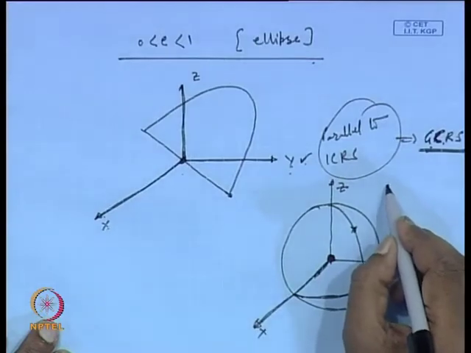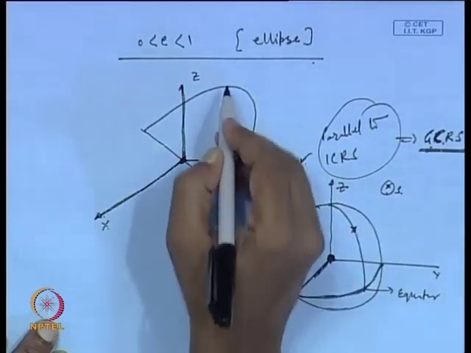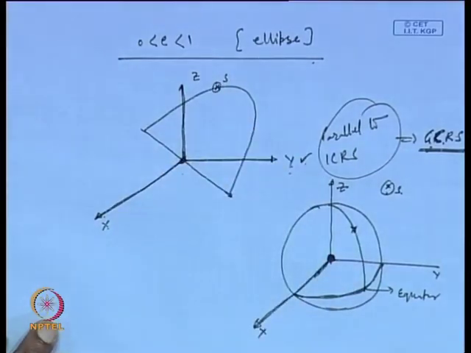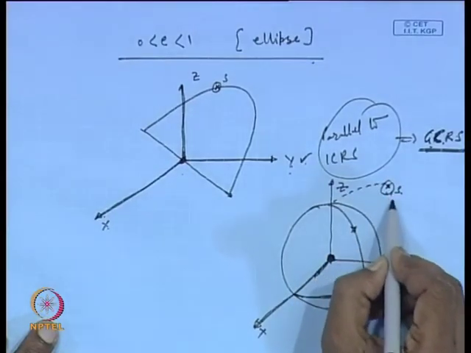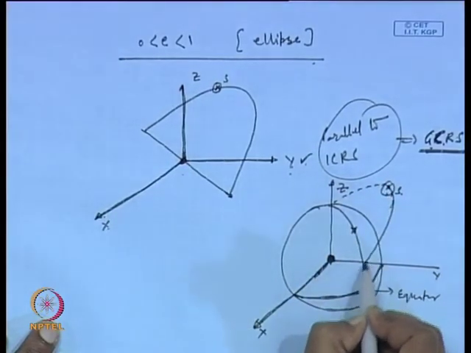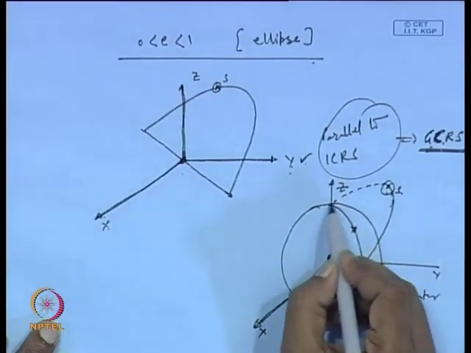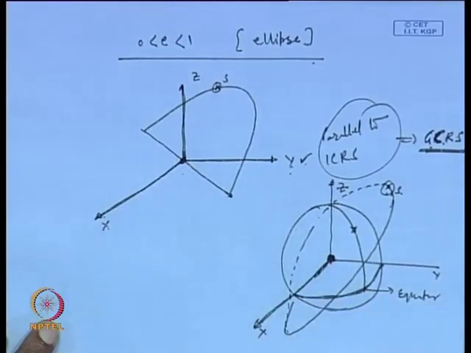From the ground station we are looking at some satellite in the sky, indicated here by S, and the orbit of the satellite around the earth may look like this.